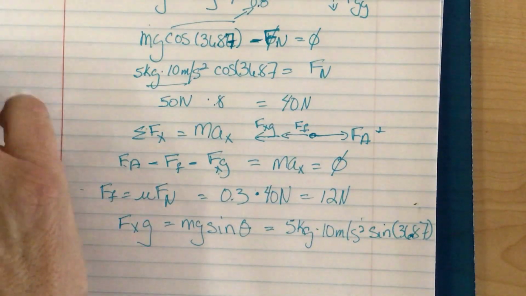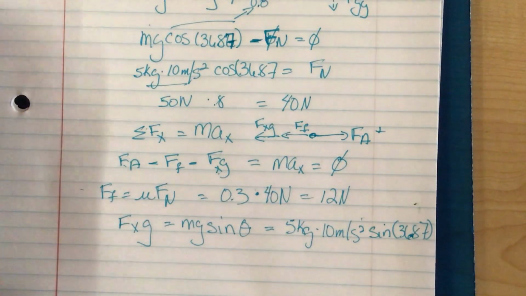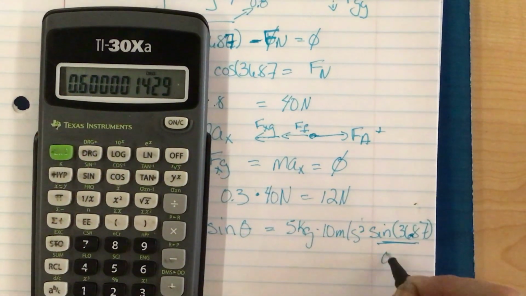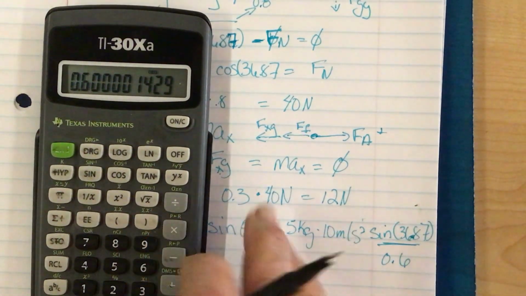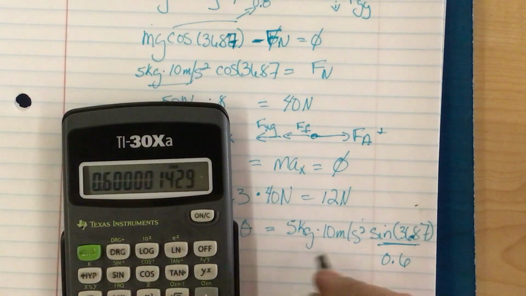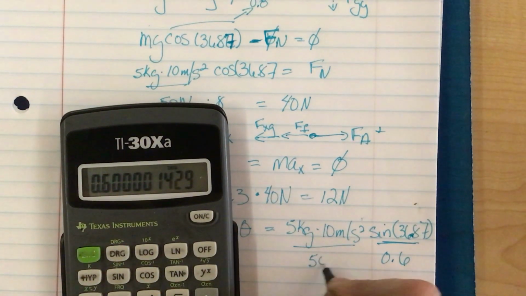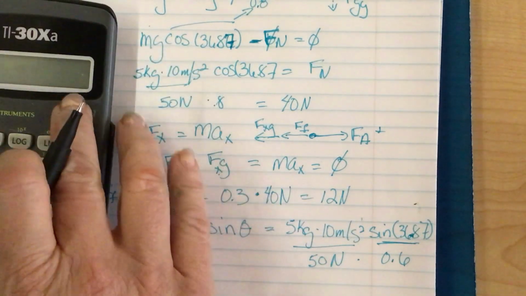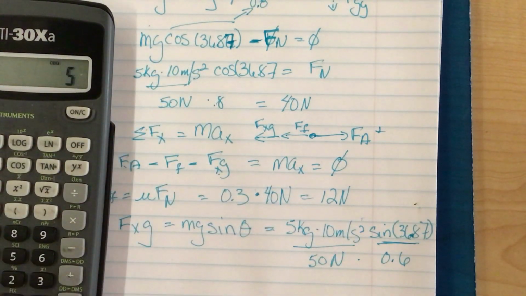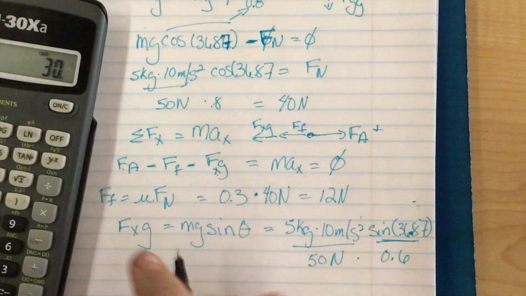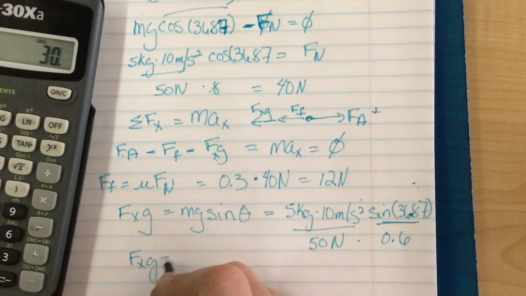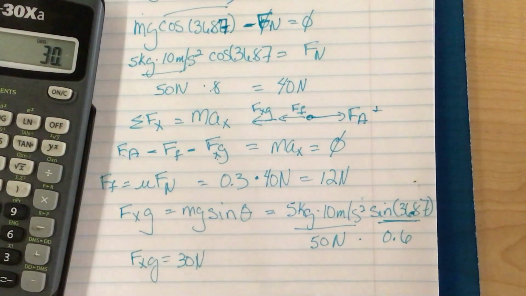All right, so 36.87 sine, we'll call this 0.6. There's some decimals I'm ignoring, and this mass is 50 newtons, right? We don't care about all those extra decimals. It's not significant. So 50 times 0.6, and we get that the force of gravity in the x direction is 30 newtons.